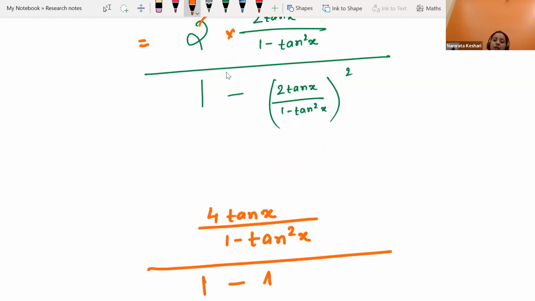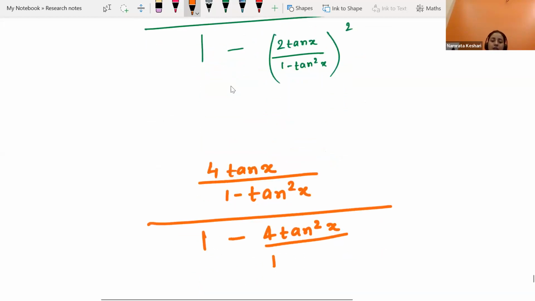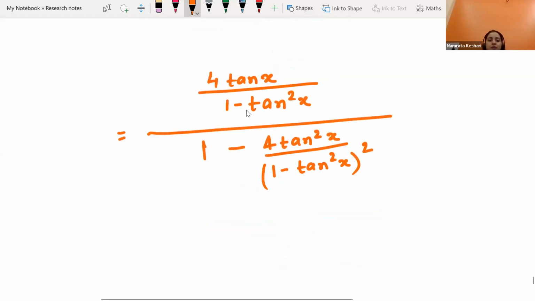Can we write 4 tan square x? And in the denominator, 1 minus tan square x is there. That is a square we will be writing. Okay. Let's continue.